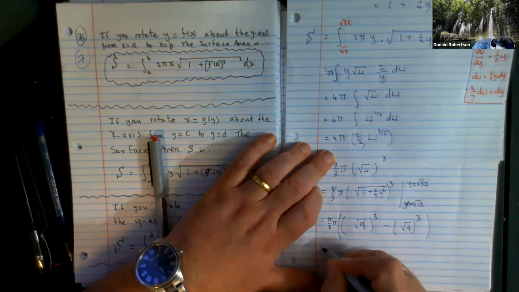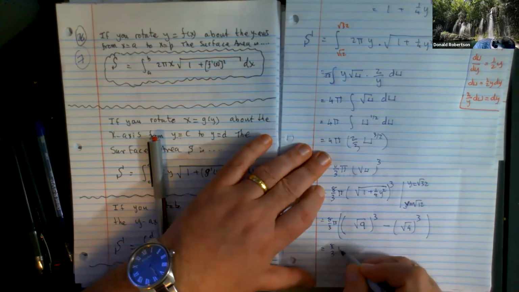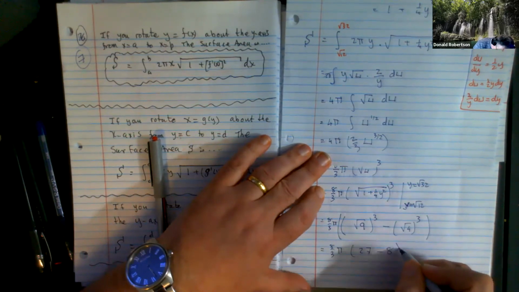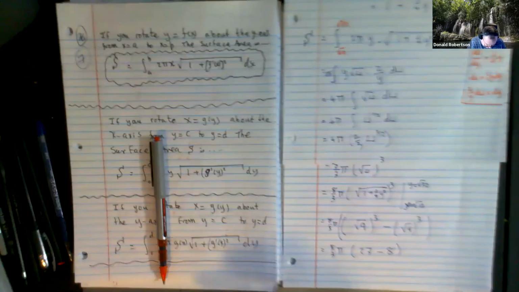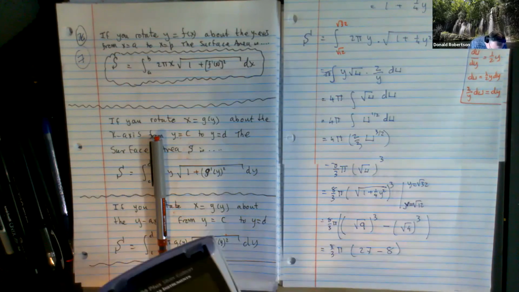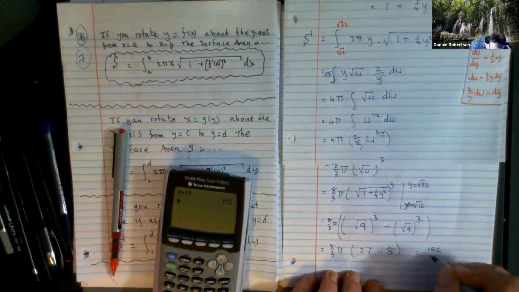And that's 3, and 3 cubed is 27. And that's 2, and 2 cubed is 8. So you get 19. Whoops. And 8 times 19, 152 thirds pi.